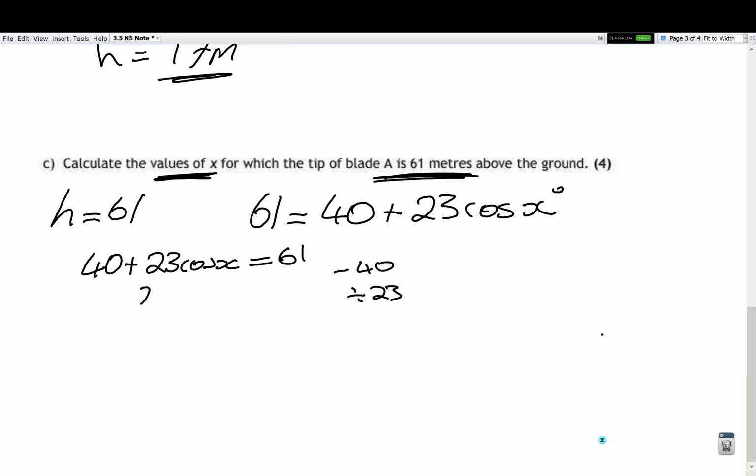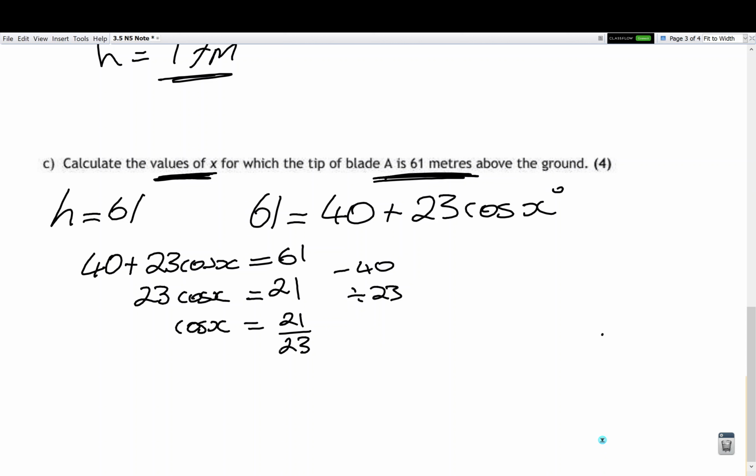So take away 40, we're going to have 23 cosine of x equals 21, and divide by 23 to get our cosine of x on its own, 21 over 23. And let me make something clear, there's no need to figure out what 21 over 23 is as a decimal, so don't bother doing that. You can just leave it as a fraction, because otherwise you'll then have to round it, and you won't be as accurate as if you just leave it as a fraction.